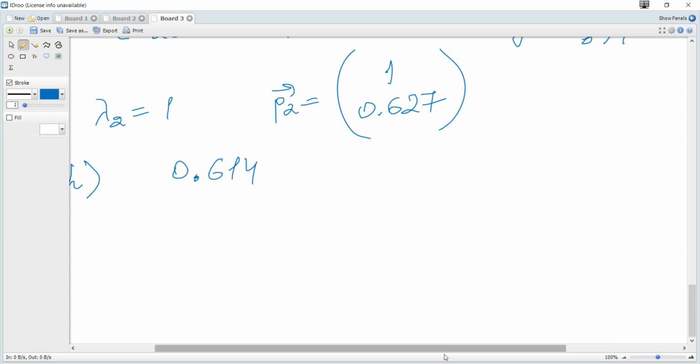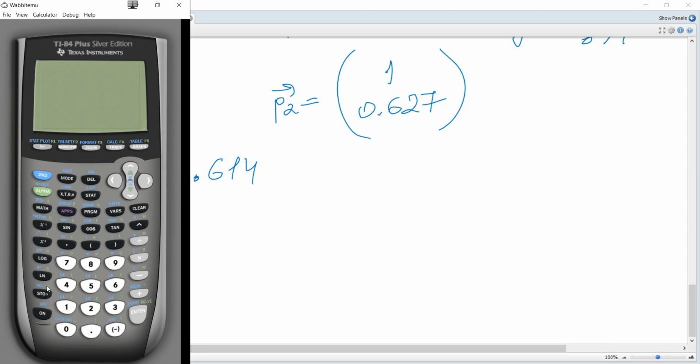And also steady state vector can be obtained if you consider this matrix to a very large power, usually 50 is enough.